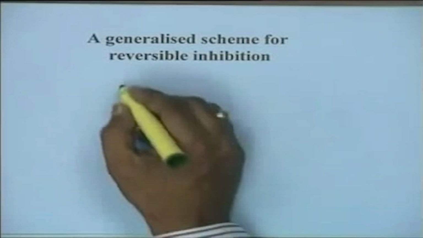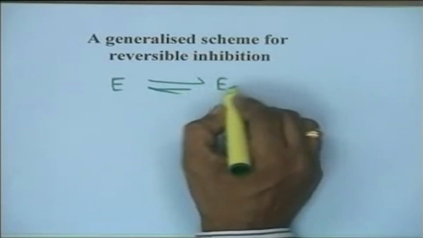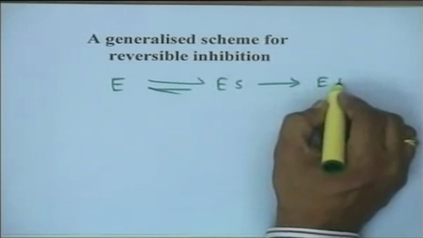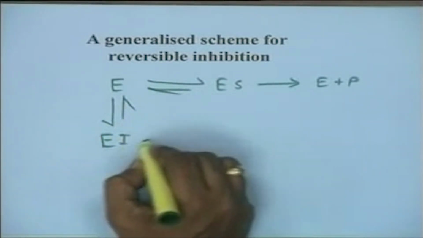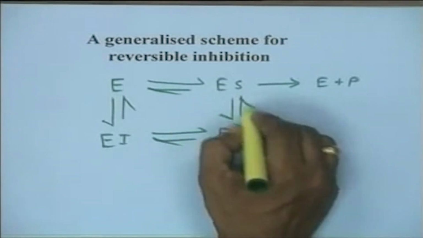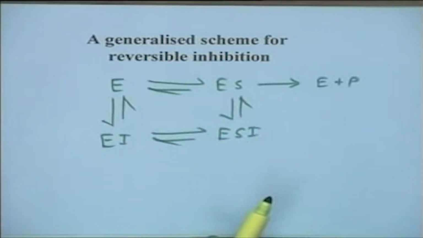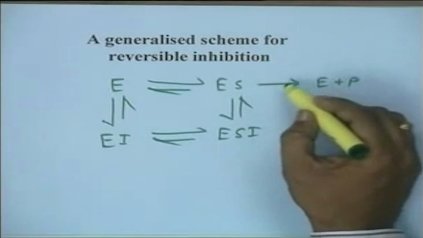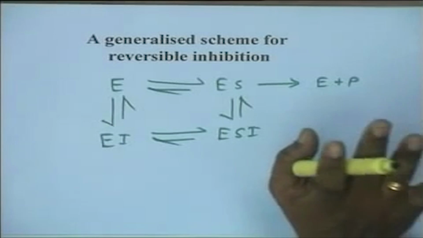If we look at a very generalized scheme of inhibition patterns, let us say enzyme going to enzyme substrate complex, going to E plus P, then enzyme also reacting to form EI, and ESI. Now, we consider each of the reversible steps; of course, we are not concerned here with the irreversible step, because that determines the rate of the reaction.